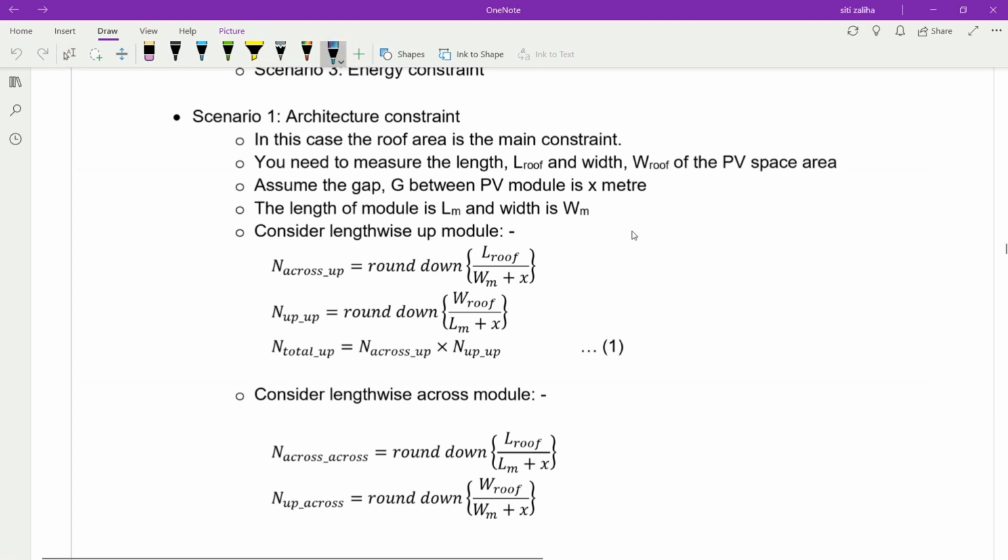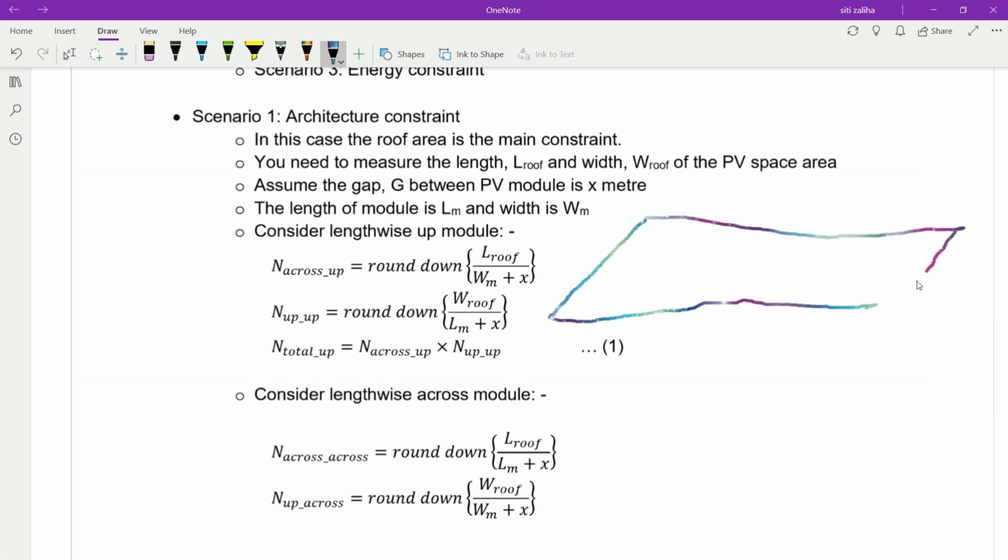Okay, example here. So this is a rooftop. Sorry, my drawing is not really good. Here, you want to put a PV module. This is lengthwise up or portrait orientation.